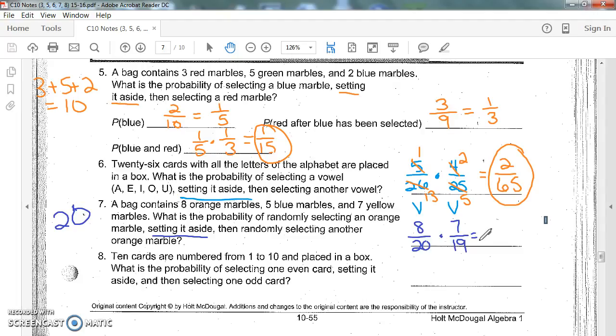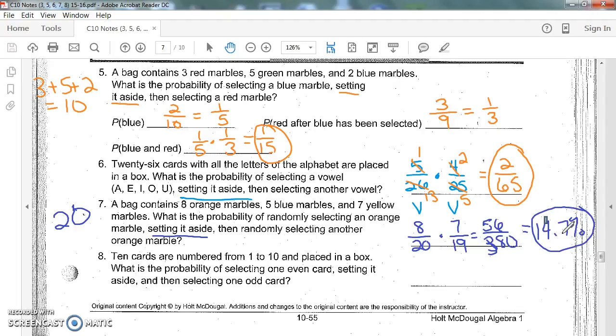So if we multiply that out like they did in the example above, we would take 8 times 7 is 56. 20 times 19 is 380. And 56 divided by 380 gives us, looks like 14.7%. We take that as our answer.